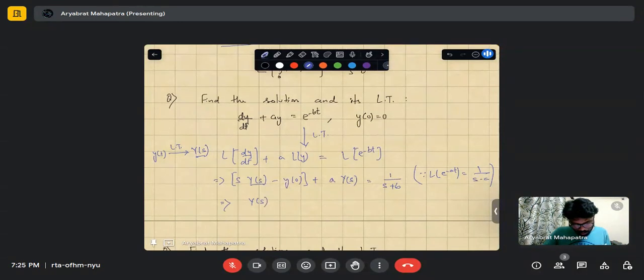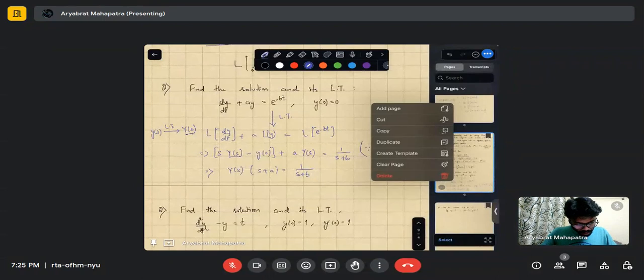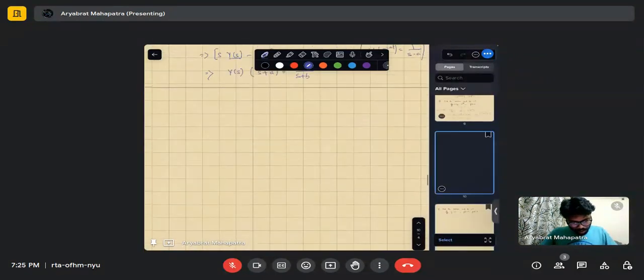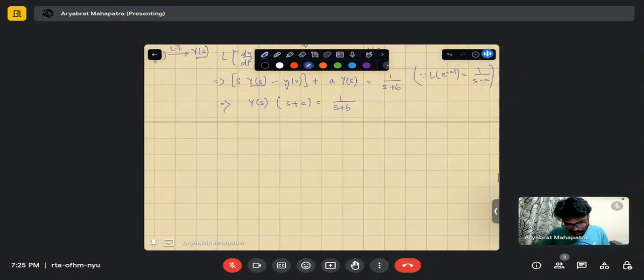So you solve this equation: (s plus a) Y(s) equals 1 over s plus b. From here I can write Y(s) is basically 1 over (s plus a)(s plus b). And again you have to take the inverse, but maybe I can just simplify this a bit.